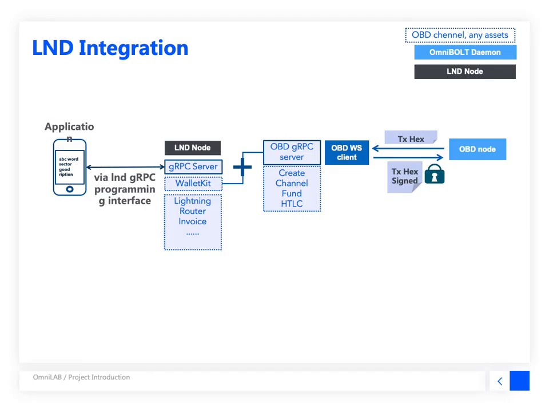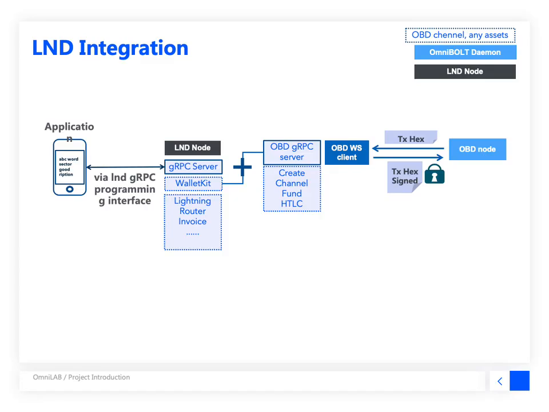Our current solution consists of the four following aspects. First of all, OBD SDK consists of a WebSocket client that operates the OBD node and a gRPC server that provides services to applications. Second, the OBD gRPC server calls the Lnd wallet kit to generate a seed for a new user, and all keys of this user are derived from the seed.